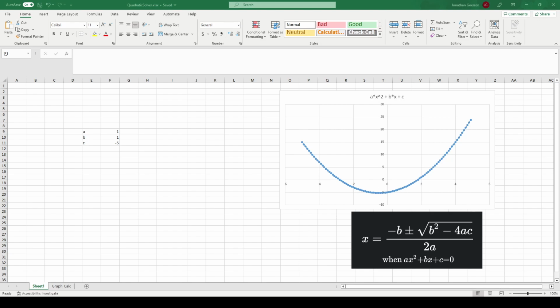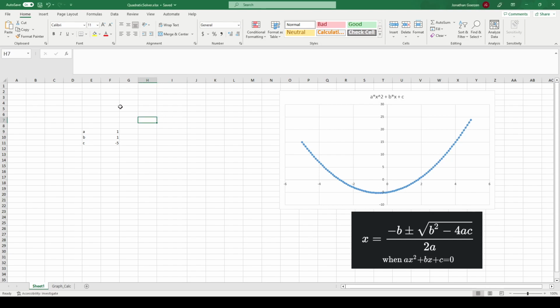The basic idea of a Lambda function is that it allows you to define a calculation or function and then pass it inputs that are arbitrary. What this means is that basically we get to write our own functions into Excel.